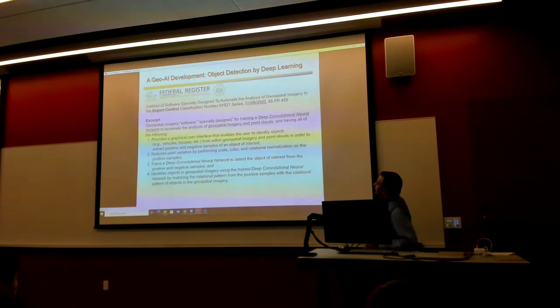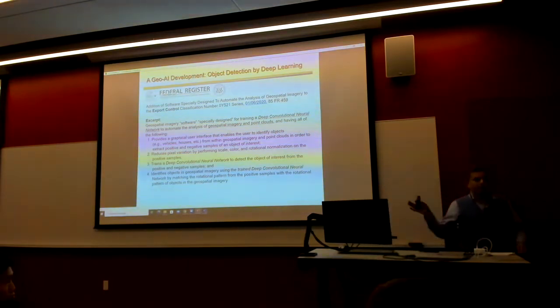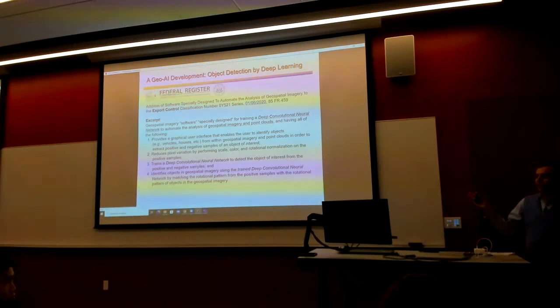Then it does some kind of augmentation or data cleaning, trains the CNN, and then it uses the trained software to process other imagery. You could use that as an undergraduate lab. Nothing very sophisticated. Why would they try to make a restriction saying you cannot export this software? I mean, every person can do that here.